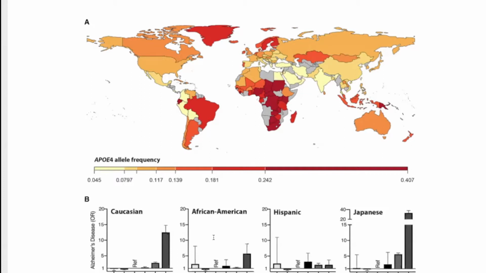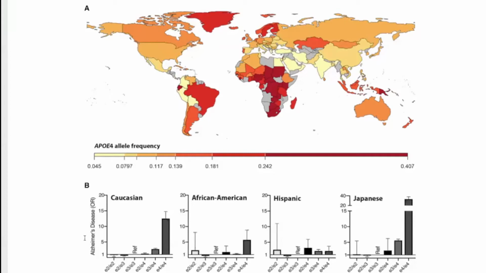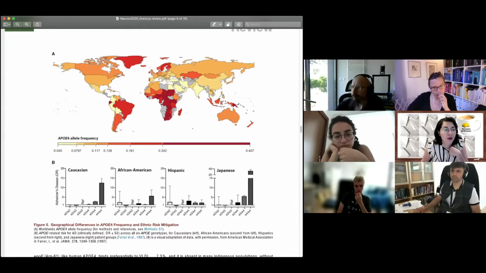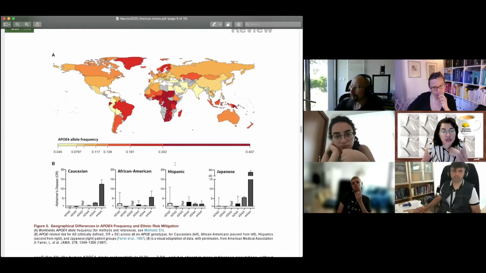And here is the correlation with Alzheimer's disease: it is really evident in the Caucasian population, to a lesser extent in African Americans, lower in Hispanics, and higher again in the Japanese and Southeast Asian populations. This is also really interesting from the evolutionary perspective.